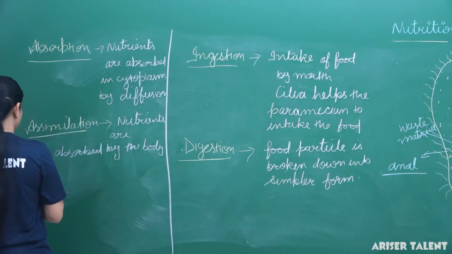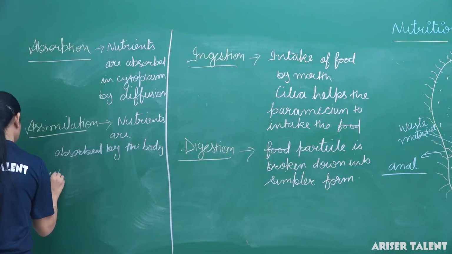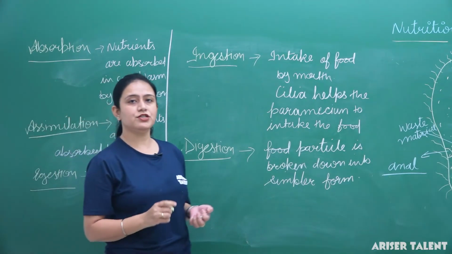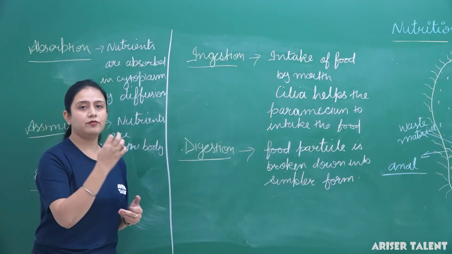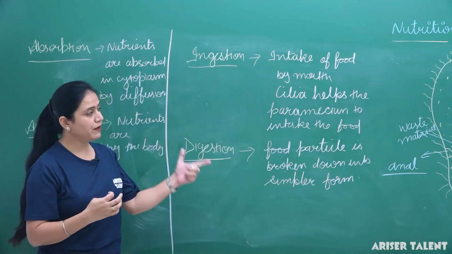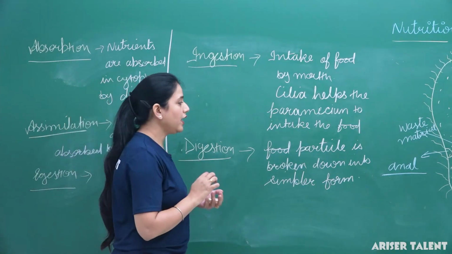And then next is egestion. The difference between amoeba and paramecium is in the process of egestion: amoeba throws out the waste material through the body surface, but paramecium throws out the waste material through the anal.